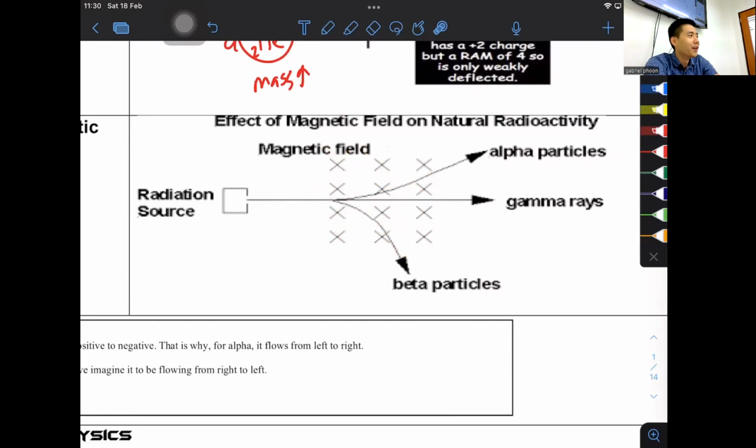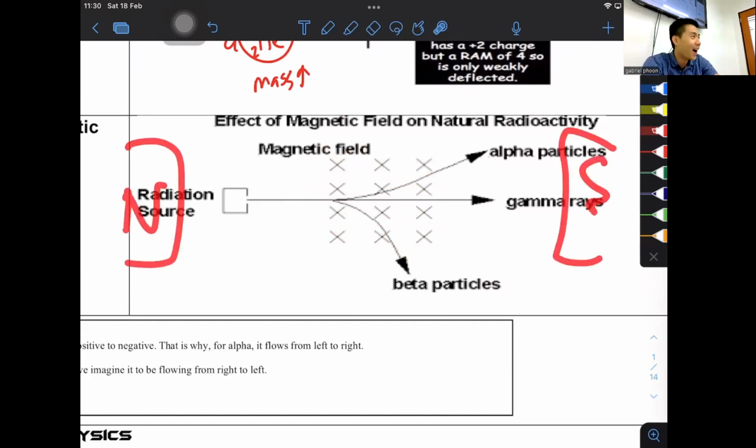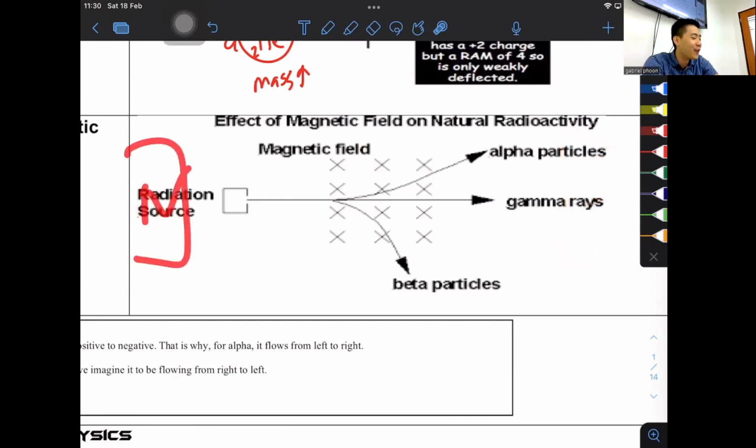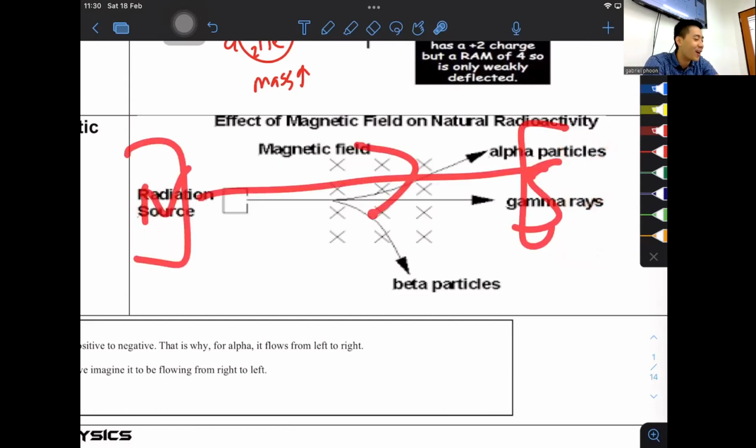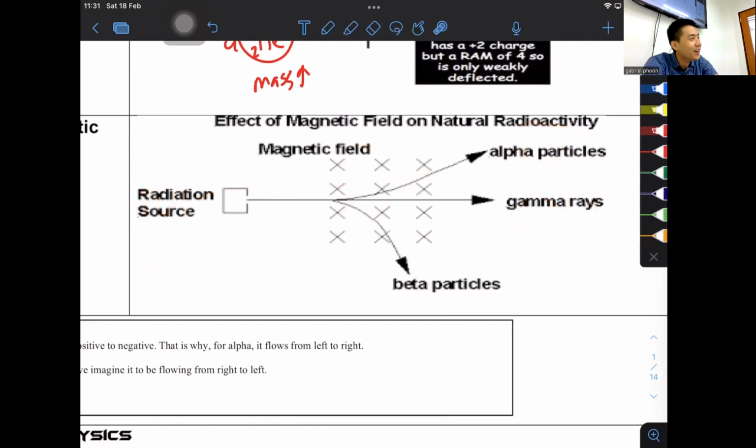Where? Left and right. North here. Is it? And south here. If the north here and south here, then shouldn't the magnetic field be in this direction? How can it go into the paper? It's nothing to do with the hand. Think about it, guys. I want you all to think about it.